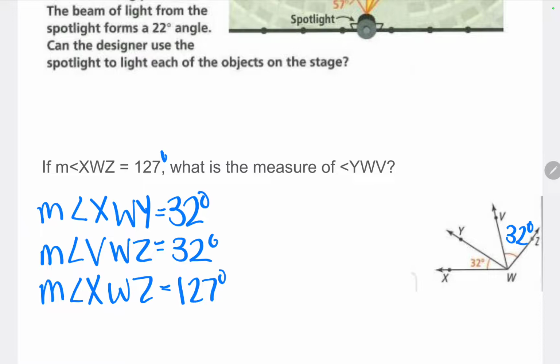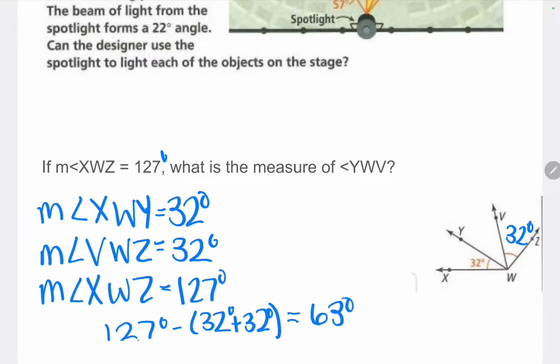In order to find that, that is just this missing central portion, so I can determine that measure by taking 127 and subtracting the sum of the other two angles. 32 plus 32 is, of course, 64, and that gives us a degree measure of 63. So the measure, and notice I'm writing that little m for measure of YWV, is equal to 63 degrees.